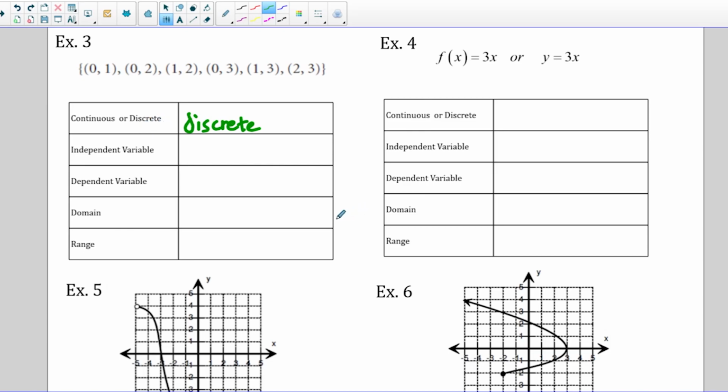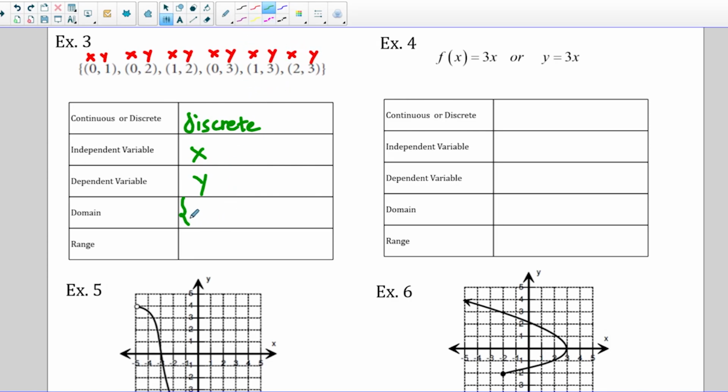Looking at the independent variable, because we don't have any context in this case, it's just going to be our x. Our dependent then is just going to be the y. So if we look at our domain, we're looking at all of our possible x values. So if I go ahead and label all of our x and y's, so in each ordered pair we have x, y, x, y, x, y, x, y, and so on.